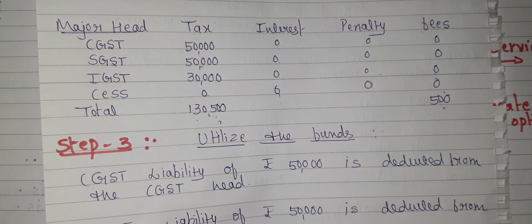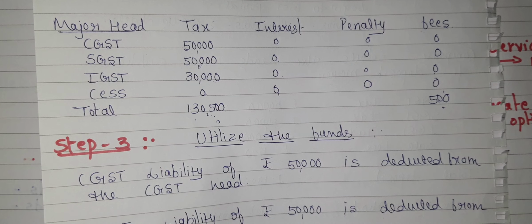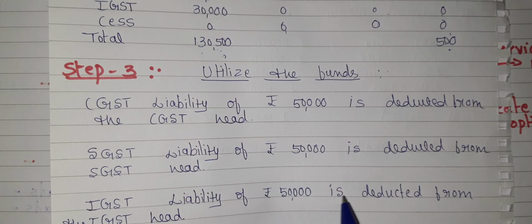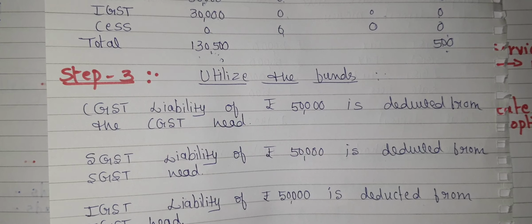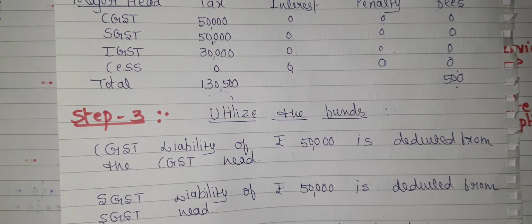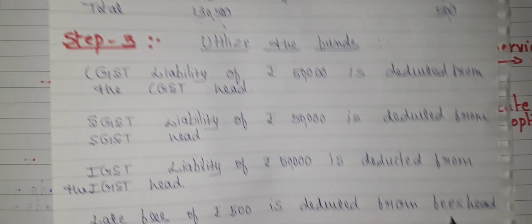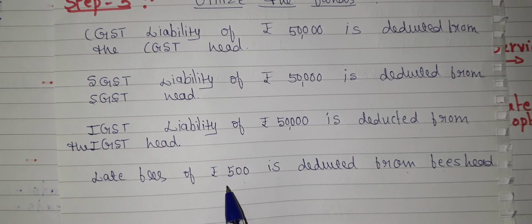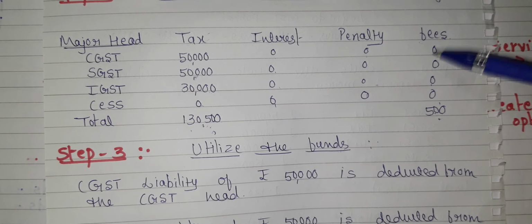And SGST liability of rupees 50,000 is deducted from the SGST head. And IGST liability is deducted from the IGST head. And cess is not there. And late fees of rupees 500 is deducted from the fees head.